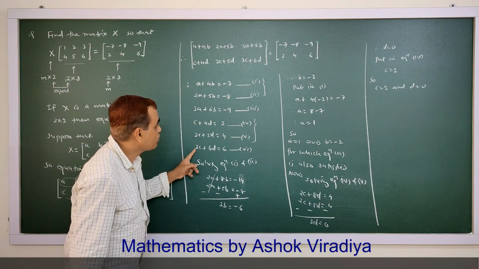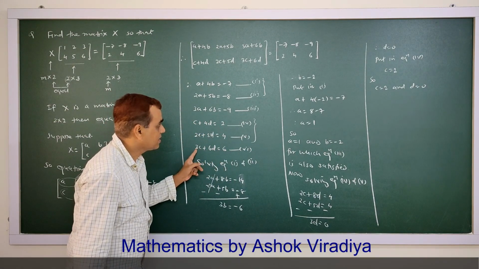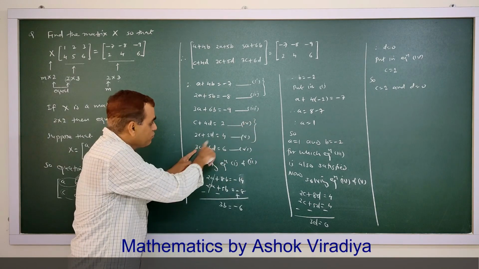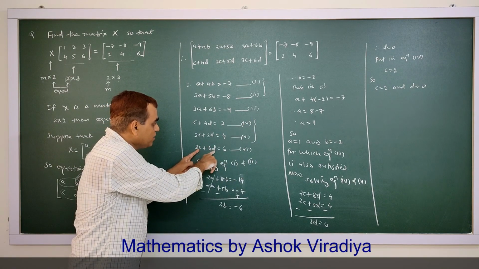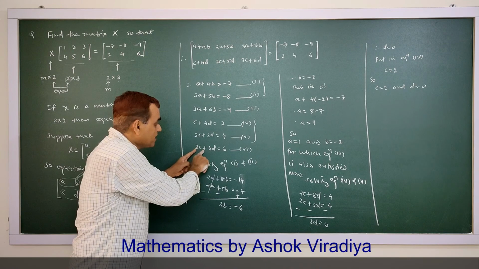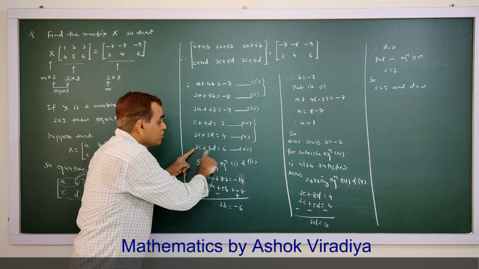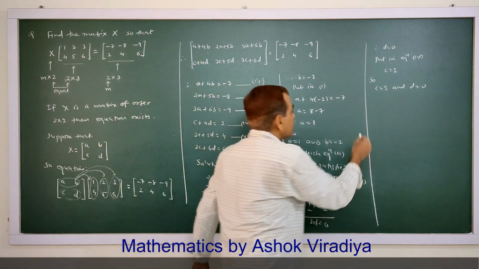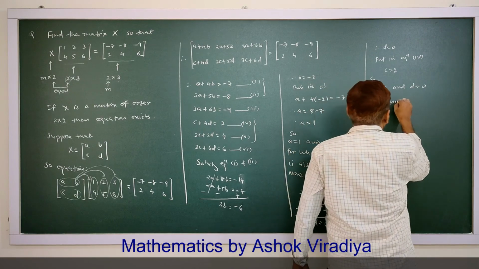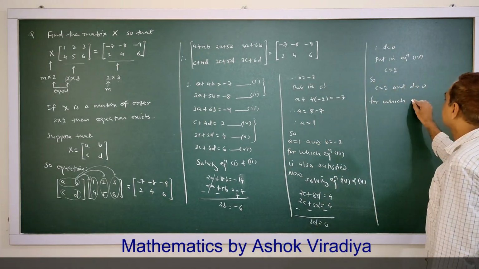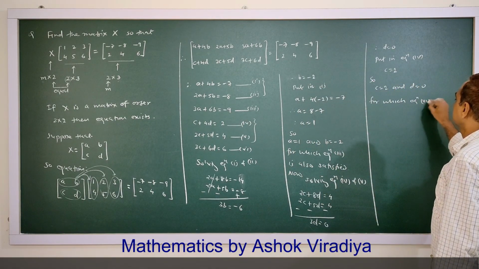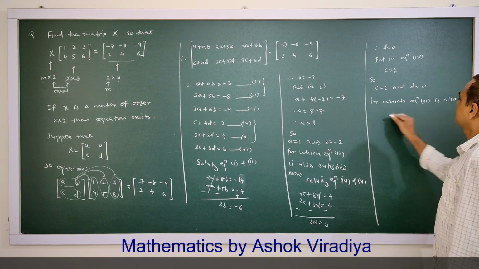Now check equation number 6. In 6, if you keep here C 2 and D 0, 3 into 2 is 6. 6 is equal to 6. So this is true. So equation 6 is also satisfied.